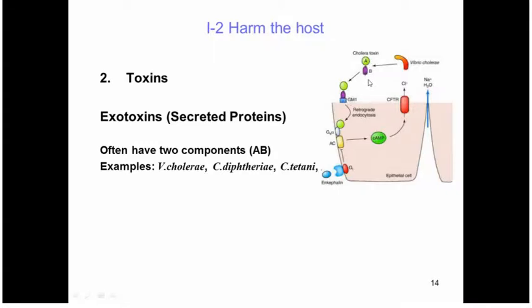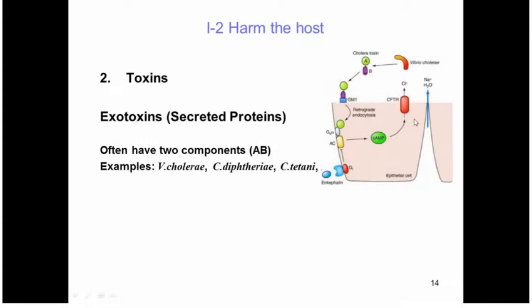The B subunit will be internalized, and the A subunit, an adenylate cyclase, will produce cyclic AMP, which will activate the CFTR chloride channel. So this will result in an efflux of chloride ions into the lumen of the intestine.